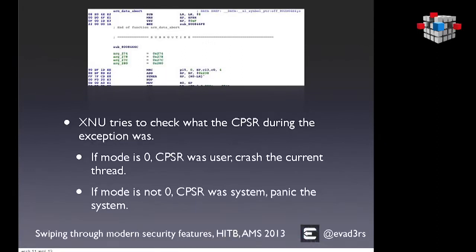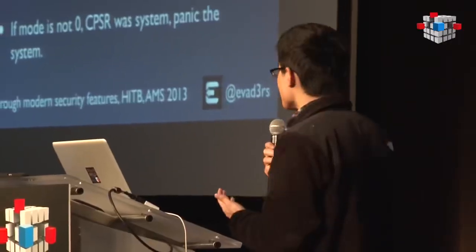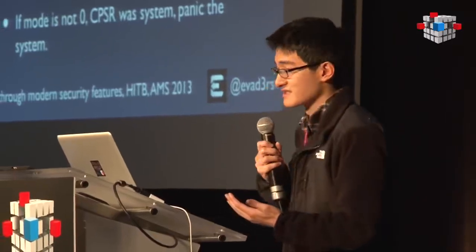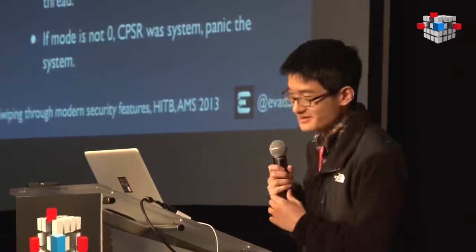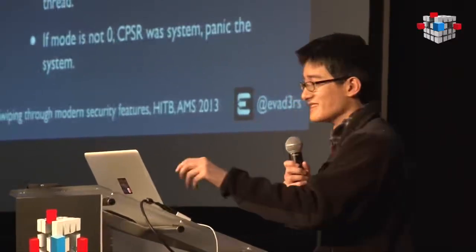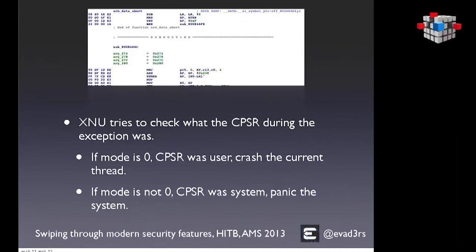I'm jumping ahead a little bit, but the code for the data abort handler tries to check what the processor mode was during the exception. It reads SPSR into SP, and then it checks bits 0 to 4 of the SPSR.